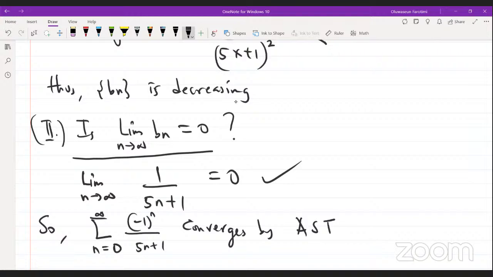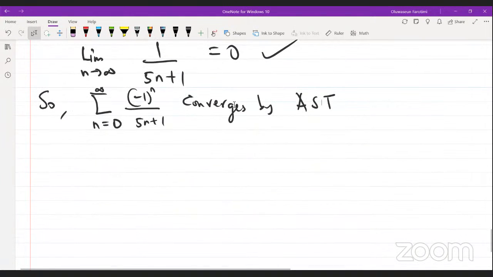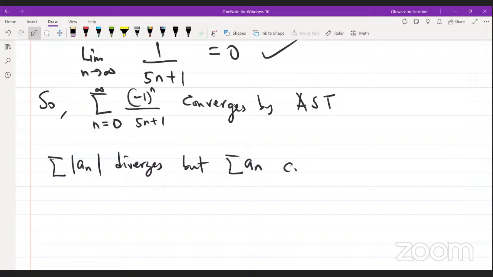Okay, so what's our conclusion, guys? What do we know? The series of this guy diverges, but the series of this guy converges. Interesting. What is our conclusion?